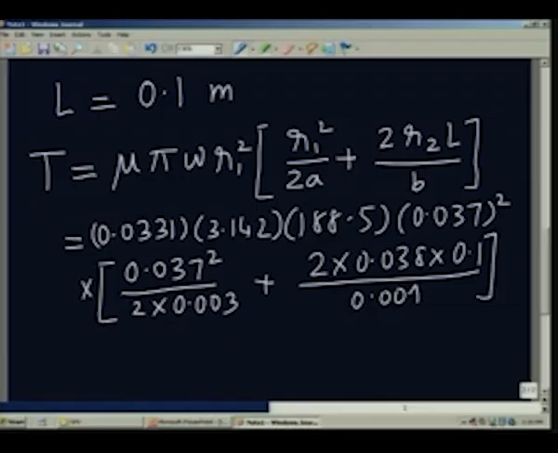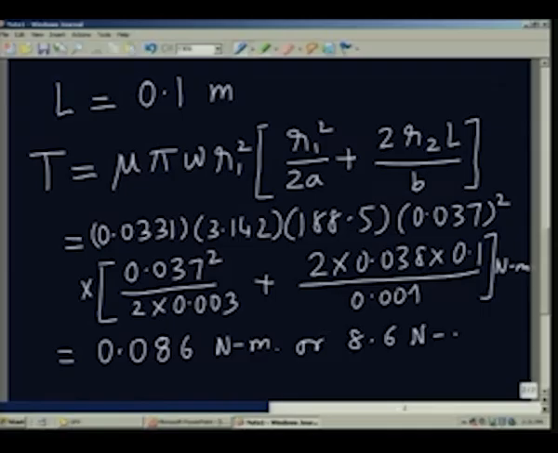The answer will be in Newton meter, product of force and distance, and this works out to 0.086 Newton meter. So, the torque experienced by the motor which is trying to rotate the outer cylinder is 0.086 Newton meter, or if you want it in Newton centimeters, it will be 8.6 Newton centimeters.